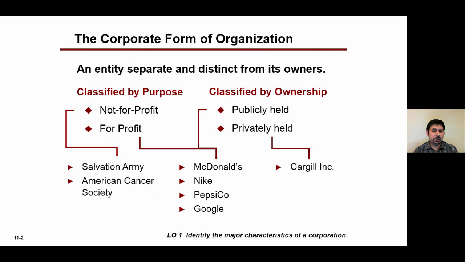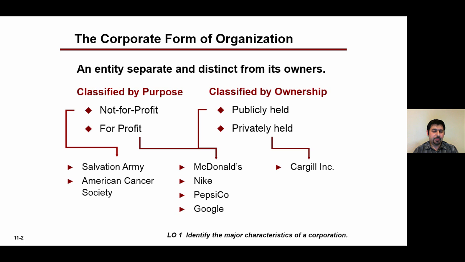Now, before we start learning how to account for stock transactions, we need to understand corporations, and we need to see the difference between a corporation and a partnership, for example. We already touched on this topic in the early chapters of the semester. However, here we'll talk a little bit into more detail.